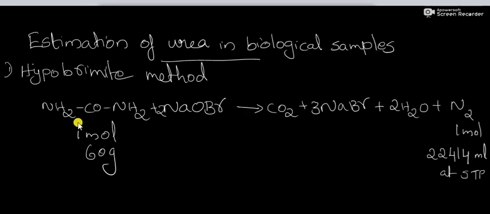A known volume, for example 5 ml of the sample solution of urea, for example urine, is treated with excess of sodium hypobromite solution containing excess of alkali.